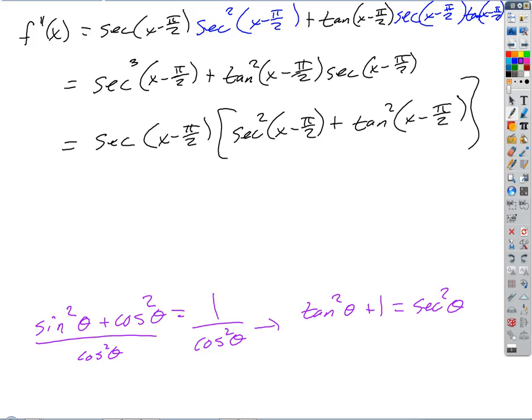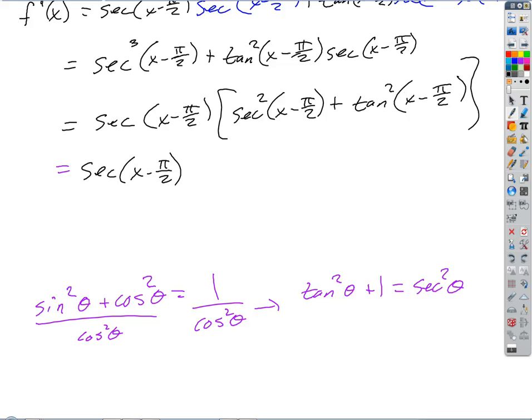Okay, so then if we do that, we end up with secant of x minus pi halves times secant squared of x minus pi halves plus the quantity secant squared minus 1.